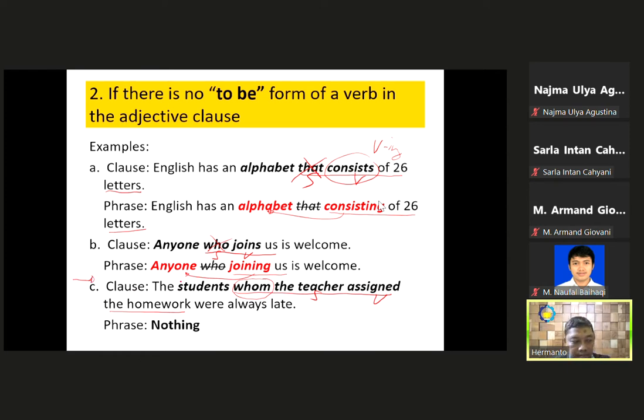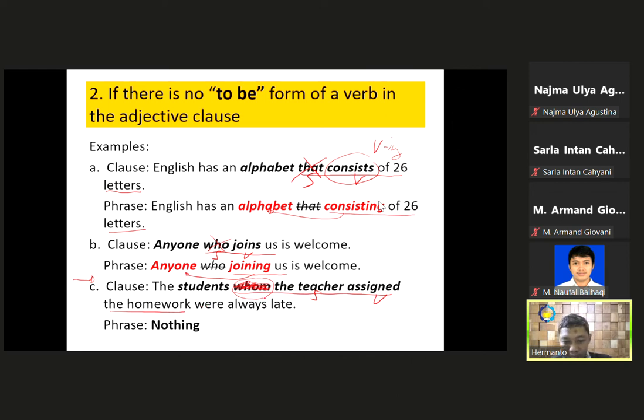Just write it like this. You may delete whom in this case, no problem. You may reduce whom without mentioning whom, and you still get subject and verb here as an adjective clause. So the students, the teacher assigned the homework, were always late.